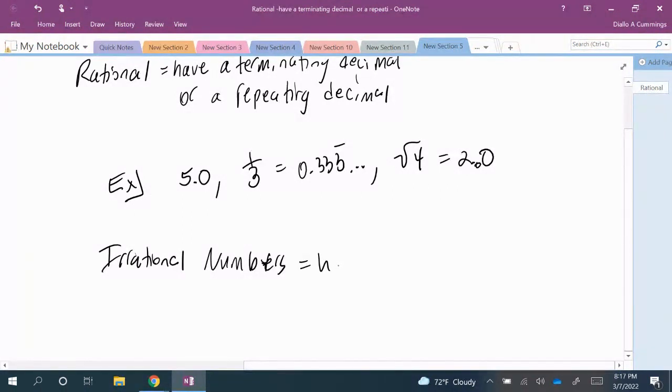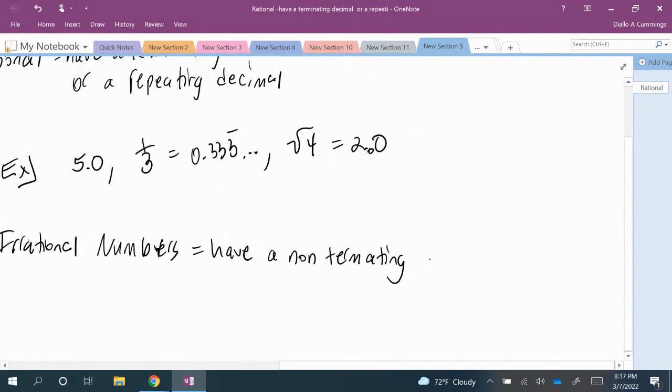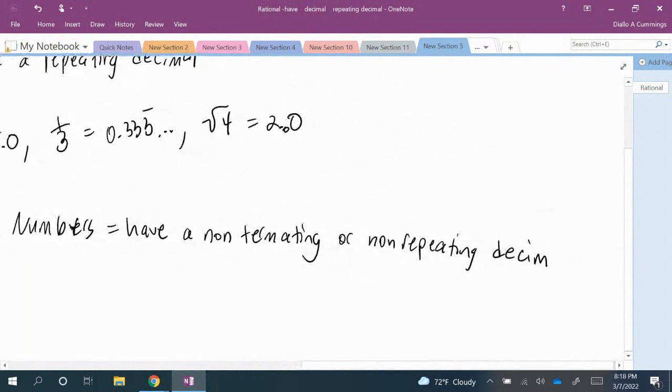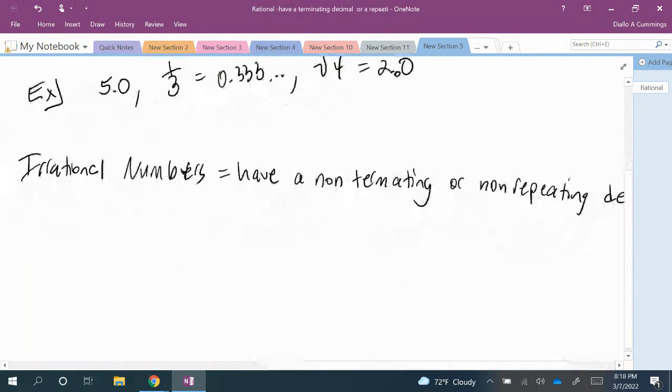Irrational numbers have a non-terminating or non-repeating decimal, so the decimal never stops and it never repeats.